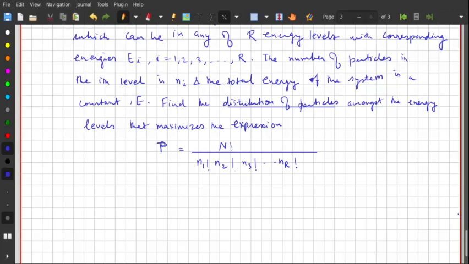Okay, so we want to pose this problem as an optimization problem. So let's write that.